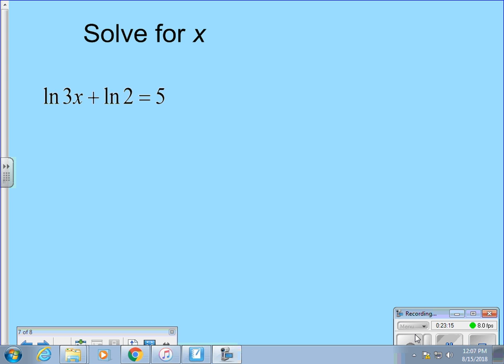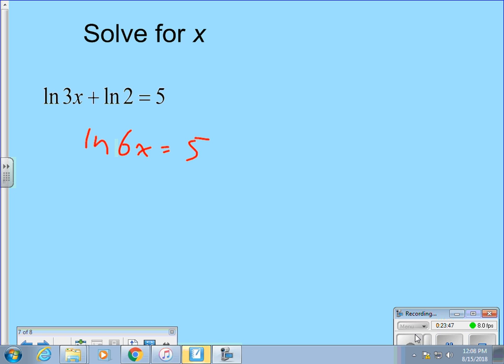If I have logarithms and non-logarithms, I need to put all my logarithms on one side and non-logarithms on the other side, and I need to combine all my logarithms into one logarithm. So the natural log of 3x plus the natural log of 2 is the natural log of 3x times 2. So the natural log of 6x is equal to 5.